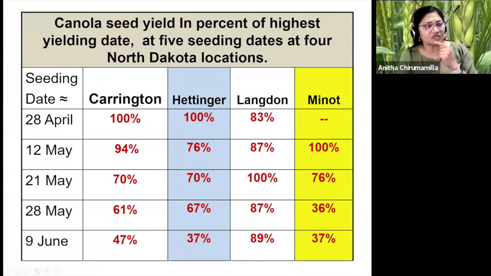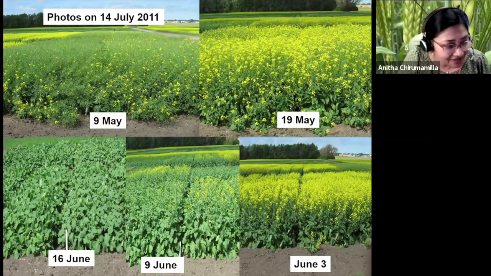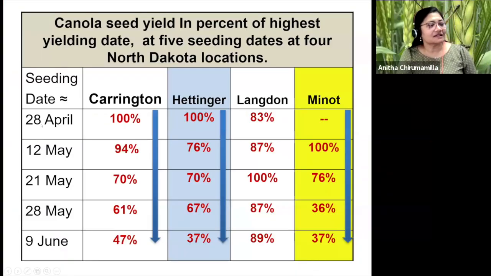So this is a study that was conducted at 4 different locations in North Dakota at 5 different seeding dates. You can see these are the dates from late April to early June, and we have 5 different dates.